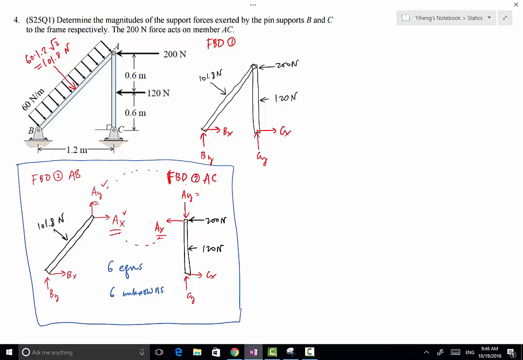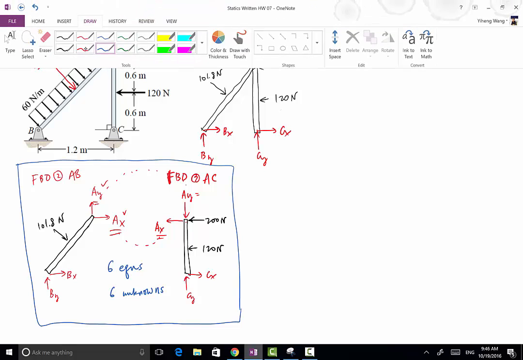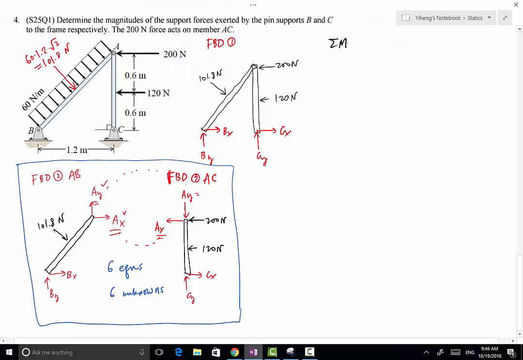If we come back to free body diagram number 1, we realize that if we write the equation for resultant moment about point C, the three unknowns Bx, Cx, and Cy all have lines of action passing through point C. They do not create moment about point C. In fact, this force right here also has its line of action passing through point C. Therefore, the only unknown that has moment about point C is By, which creates clockwise rotation, negative By times moment arm of 1.2.